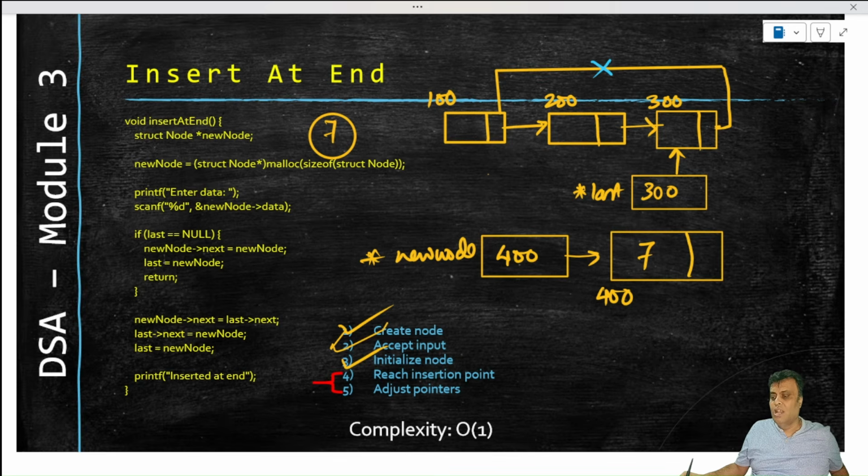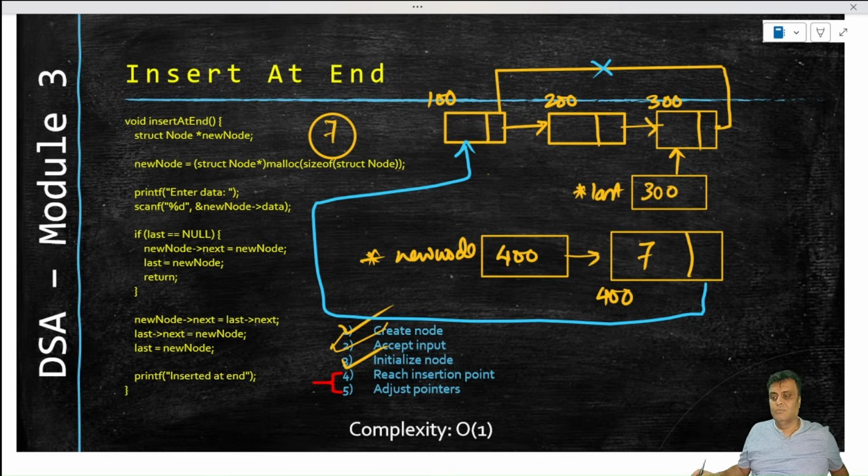So our last node should actually point to this node because this is our last node, right? And this last needs to change. The last is pointing here. The last should start pointing here because that is our new last node.